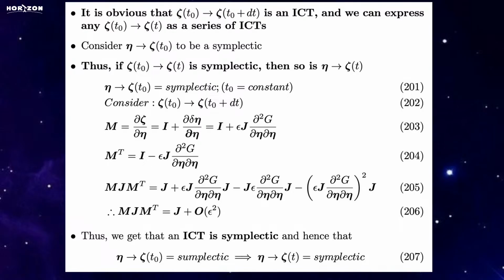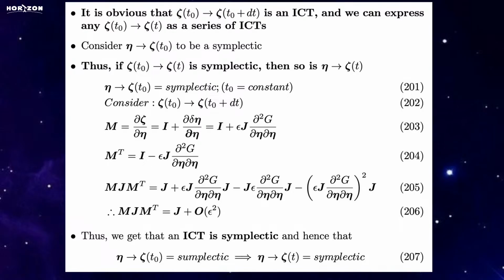So consider the case of mapping; we have seen restricted canonical transformations till now. What if we map η to some ζ(t) with explicit time dependence? The question is, when is this mapping symplectic? Now, ζ(t0) to ζ(t0 + δt) is an ICT. And consider some fixed t0 where η to ζ(t0) is symplectic.